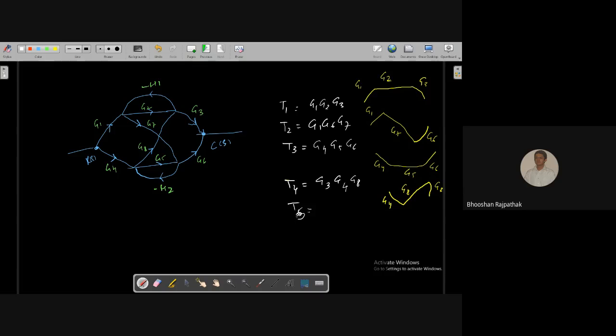T5 and T6. These are not very straightforward, but you will have to pay attention to the graph. There are two more forward paths which are not straightforward. Can you guess that? Yes.